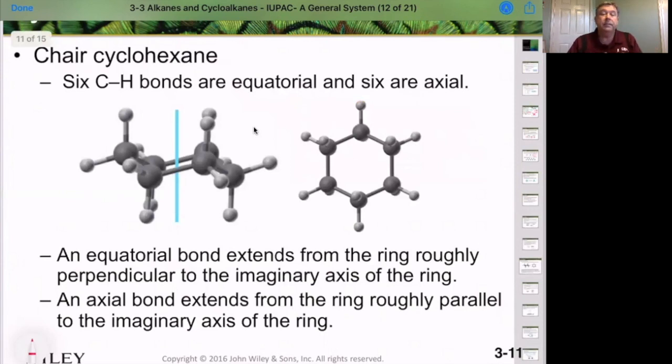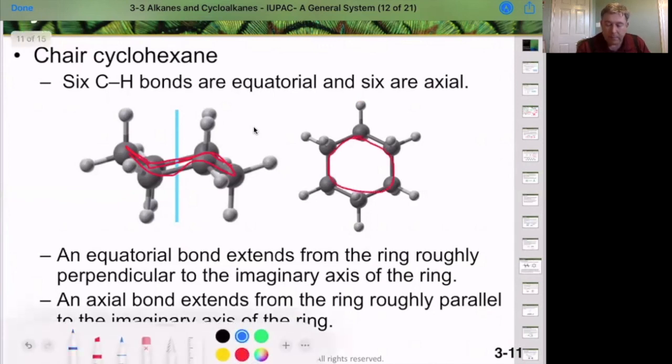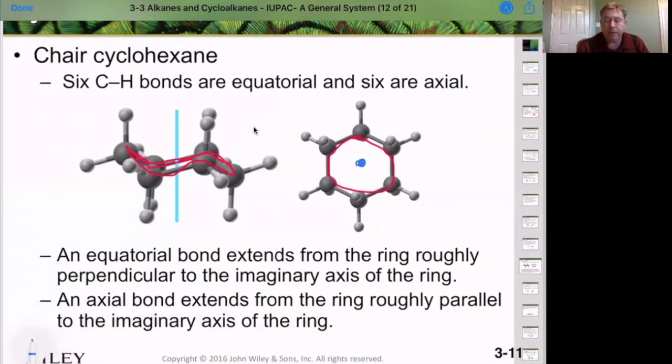Okay, does that mean it's like that 100% of the time? No, there are still some bits of freedom there and they can move around. Okay, so once we form this chair, we now actually end up with different hydrogens in different positions. So if we think about this as our cyclohexane chair right here, and we put a line right in the middle of this going up and down, that represents this line here.